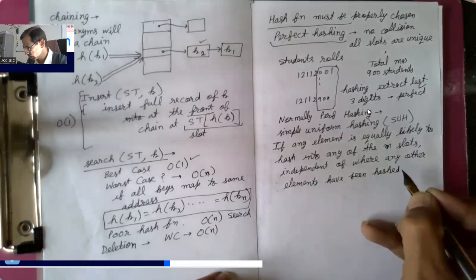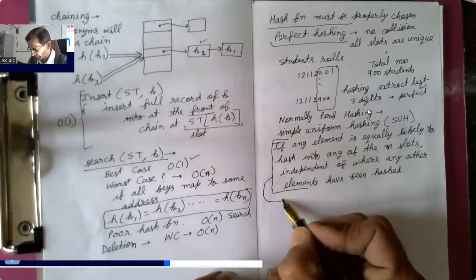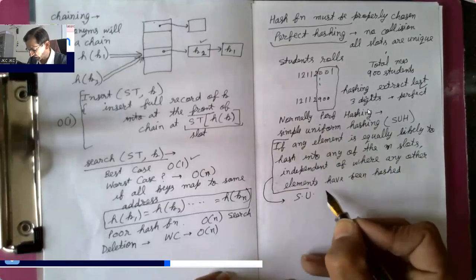If it is so, then I will say this is called simple uniform hashing.